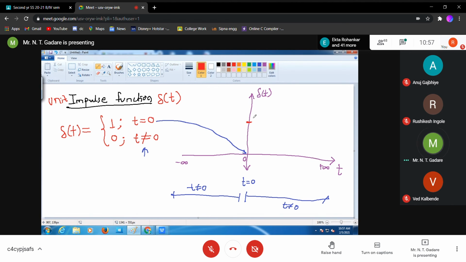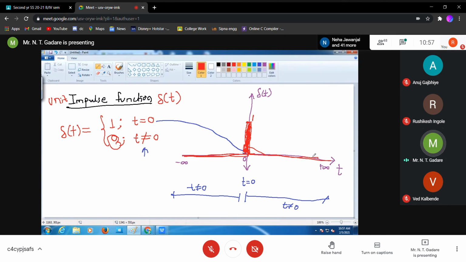Now I consider this a magnitude of 1 for t equal to 0. एक सिंगल लाइन ड्रॉ हो जाती है. This is the actual graph. And when t is not equal to 0, the answer is 0. तो इसीलिए इसका ग्राफ पूरा 0 होता है. This is the impulse function.